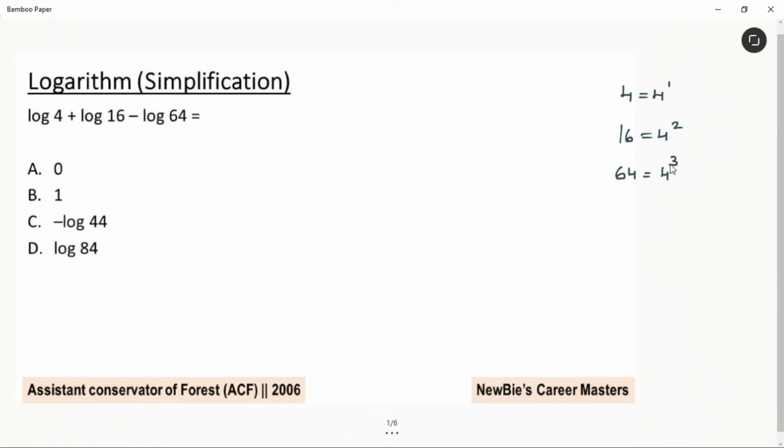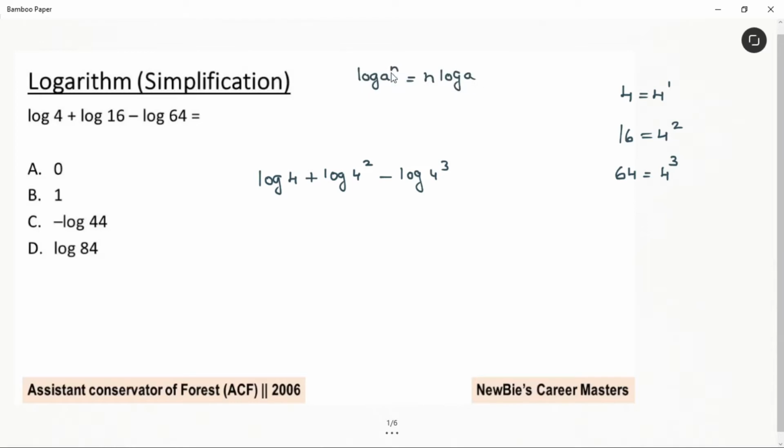Am I clear? Okay, now we can rewrite this question as log 4 plus log 4 power 2 minus log 4 power 3. After this, you have to take a formula. Do you remember this formula? Log a power n is equal to n log a.